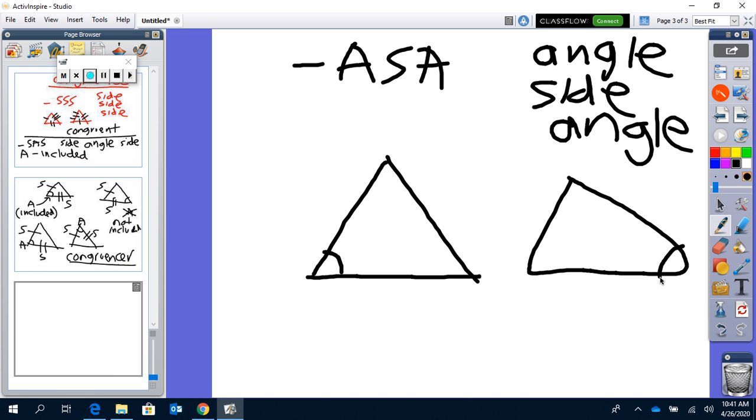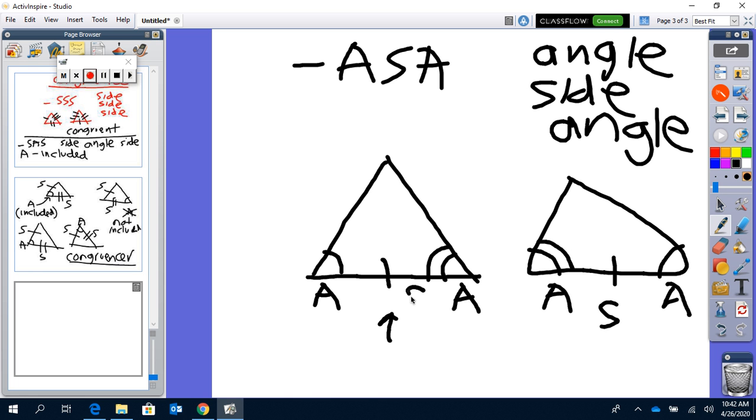Those two are congruent, and then we have two other angles. They're also congruent. So here we have angle, angle, angle, angle. And we also need to know that the side between the two angles, so this side, these are also congruent. So we also need to know we have this and we have this.